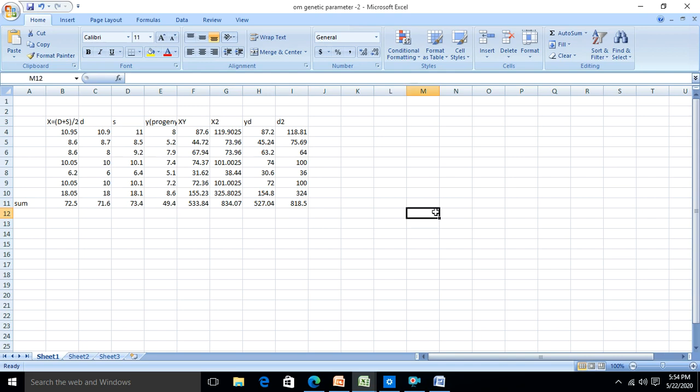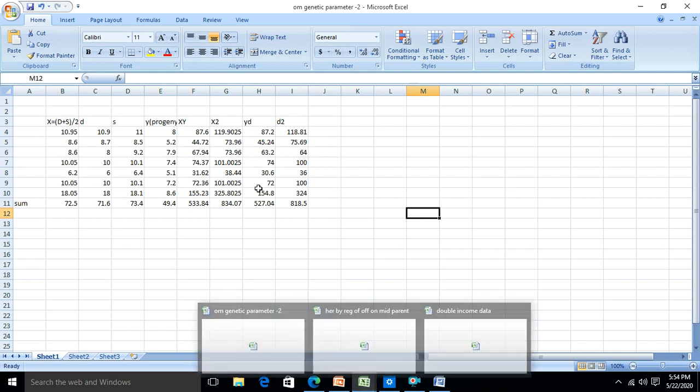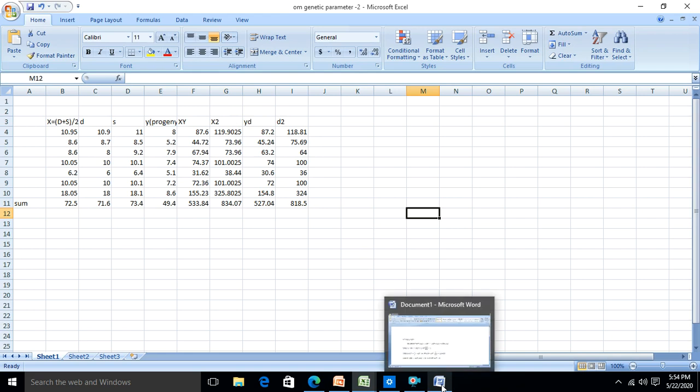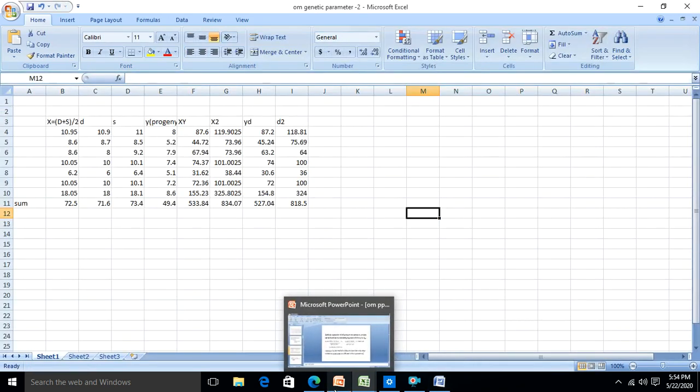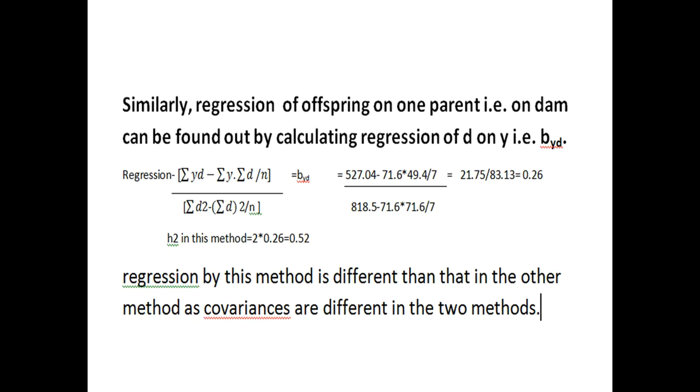So this is the complete table which I have already substituted here. In a nutshell, I now have the raw material for calculating the regression of offspring y on dam, that is BYD, the regression coefficient of offspring on dam, to get the heritability by that method.